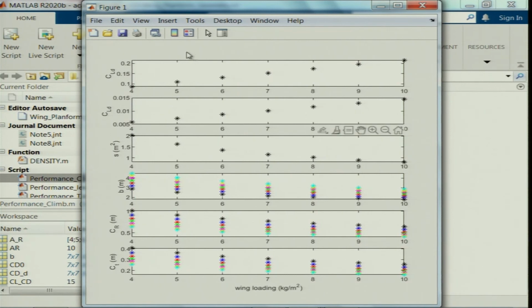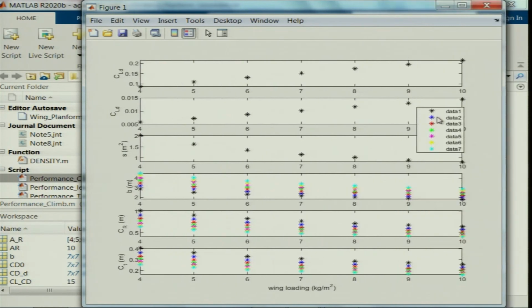So, you can now see if you insert legend here. Okay. So, black stands for aspect ratio 4 and it increases 4, 5, 6, 7, 8, 9, 10. So, this color cyan, this greenish blue, I call it that way, corresponds to aspect ratio 10, right.